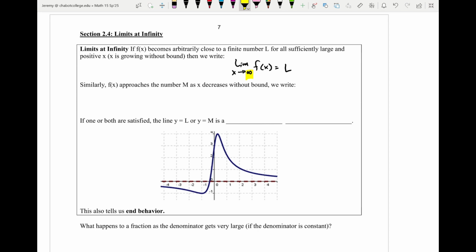If it converges to some finite number L, then we say that the limit at infinity exists and is equal to L. Similarly, if f of x approaches some number m as x decreases without bound, we write the limit as x approaches negative infinity of f of x is equal to m in this case.